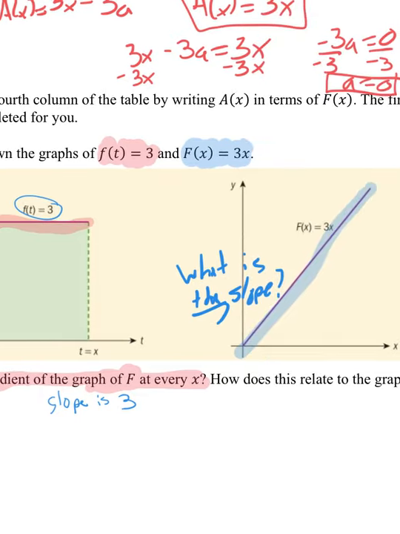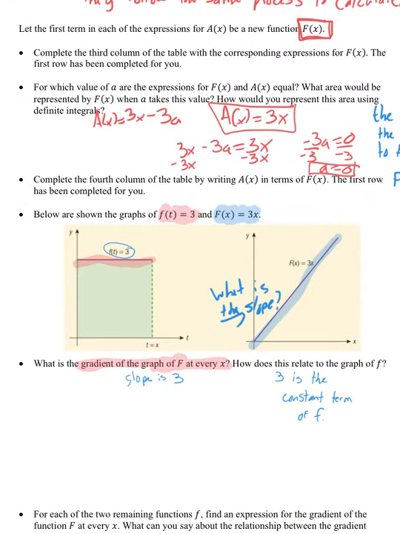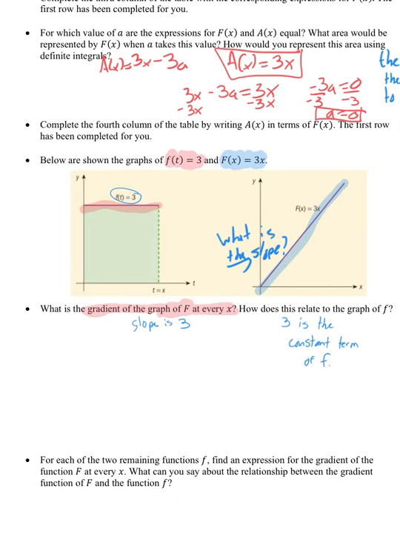It's just the constant, right? Because the second one has a slope of 0, but it's just at 3 the whole time. Okay, that's kind of the idea.